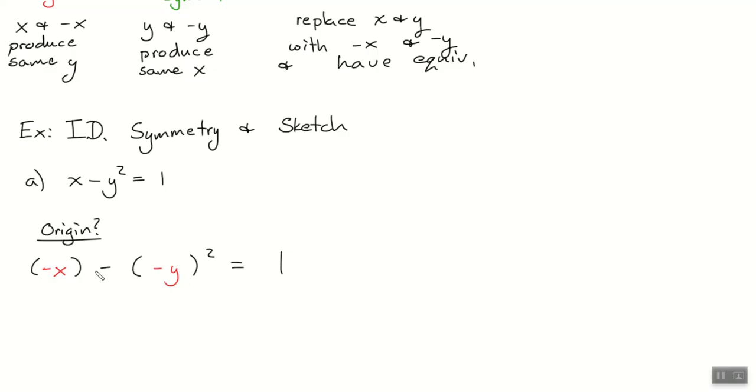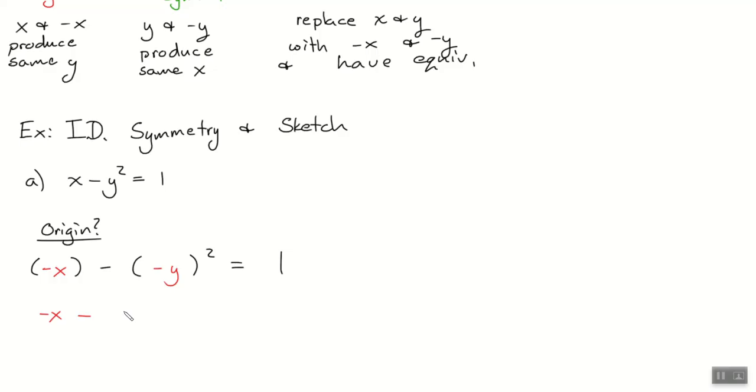We're just going to clean this up a little bit and see if we get the exact same thing. If we get the exact same thing, we have origin symmetry. If we don't, there is not origin symmetry. So let's check. These parentheses, I always include them when I'm substituting in, but do they really do anything here? Okay, so that's still negative x minus, what happens next? What's negative y squared? It's positive y squared, because it's negative y times a negative y.